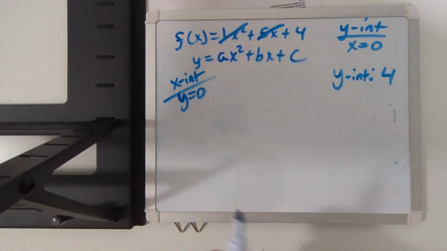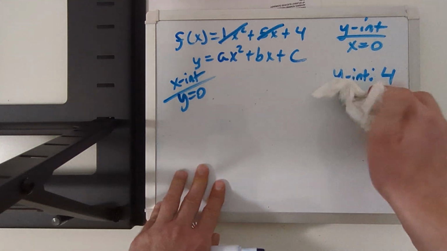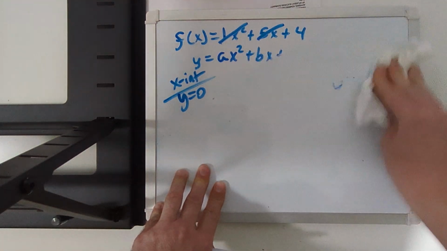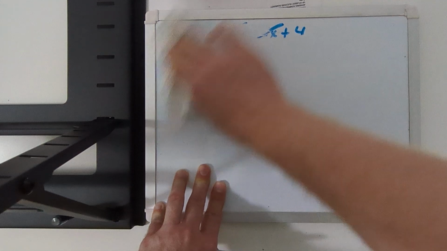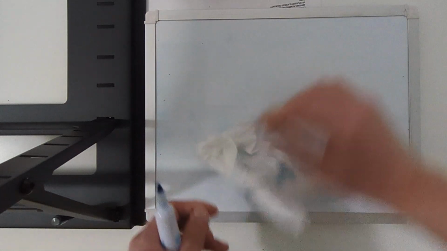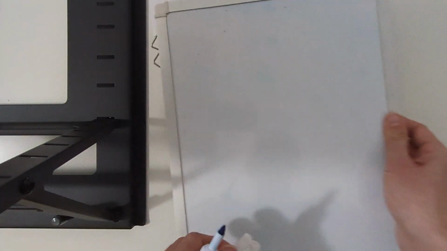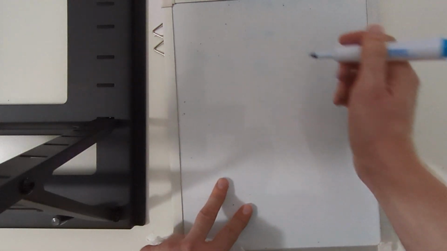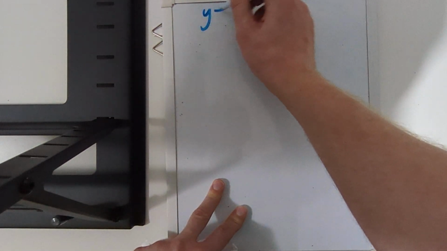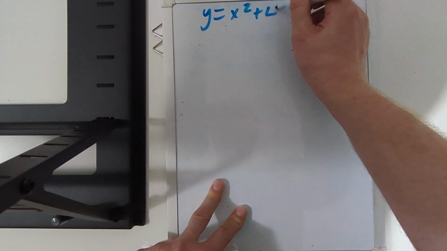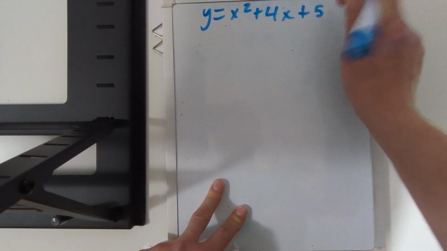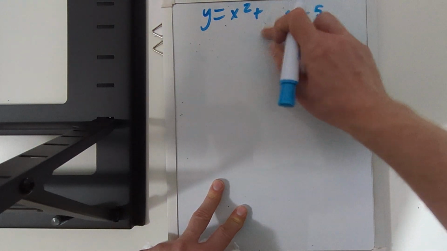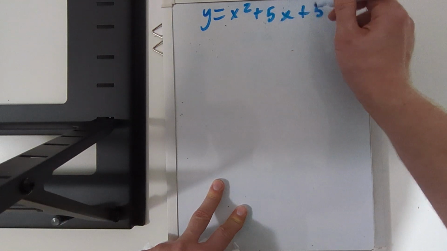Okay, so let's get all this down to get a good, accurate graph to conclude this video. So we want a nice sketch of what this quadratic would look like. So this is going to be the graph for y equals x squared plus, I got those mixed up, plus 5x plus 4.